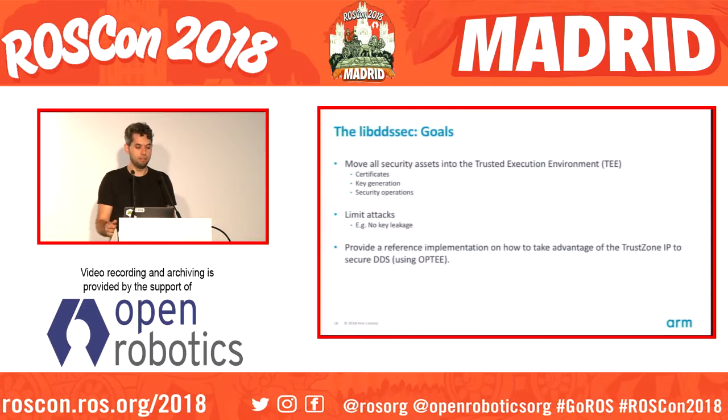So very quickly, the libDDSSec project is trying to move everything from the non-secure side into the secure side, all the security operations. That means all the certificate management, all the key generation, and all the security operations. The main goal is to limit the attack surface, and more specifically, we want all the keys to be only in the secure side, and there is no way for them to be leaked.